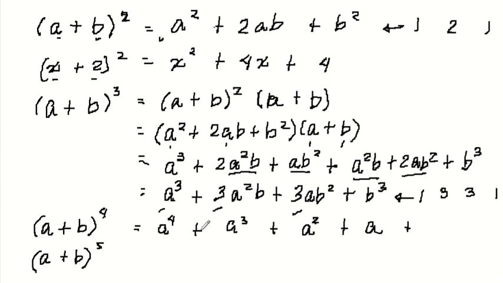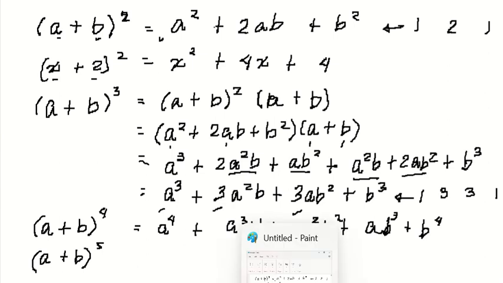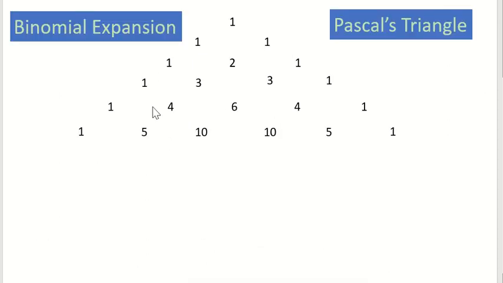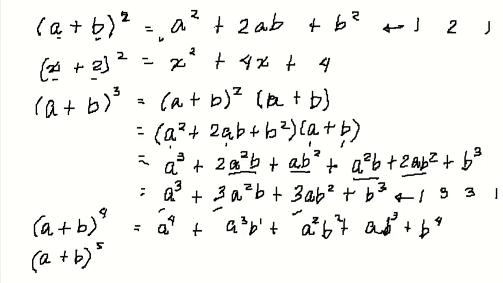Okay, and then b is 0, b is 1, b goes 2, b is raised by 3, and b is raised by 4. Now their coefficients go like this: 1, 4, 6, 4, 1.